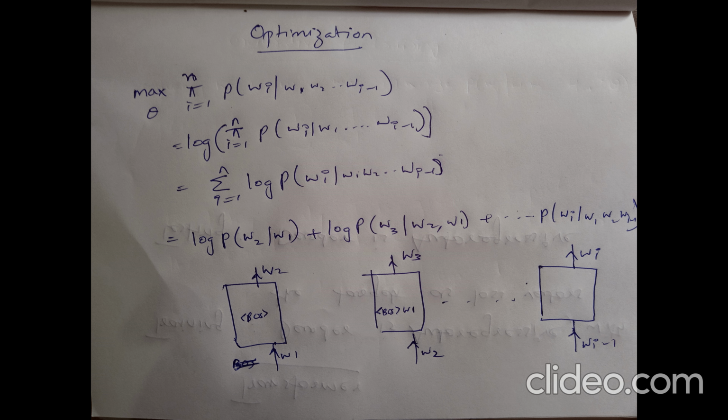So you know the sequence of words, and you can train independently for each instance of Wi given W1 up to Wi minus 1, so that for this sequence of words, W1 up to Wn, the probability of observing Wi given W1 up to Wi minus 1 for all i will be maximum, so that this original language modeling objective would be maximized.